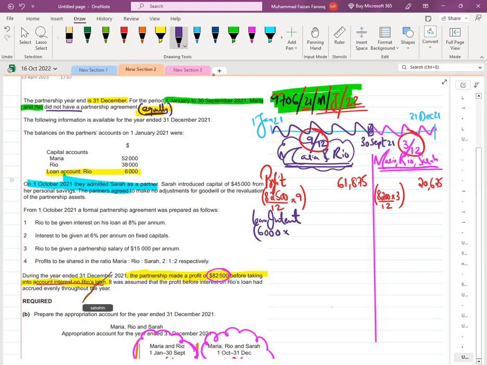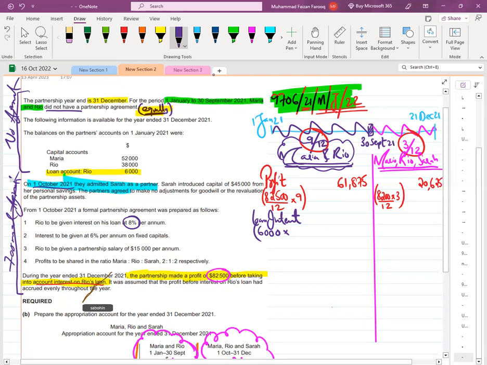Interest rate. They don't have any formal agreement before 1st of October and there is no rate mentioned. After 1st of October, they made a formal, proper agreement, and they said that interest on loan will be 8%. But this is after the agreement, from 1st October onwards. Before, there was no percentage of loan interest defined because there was no agreement.